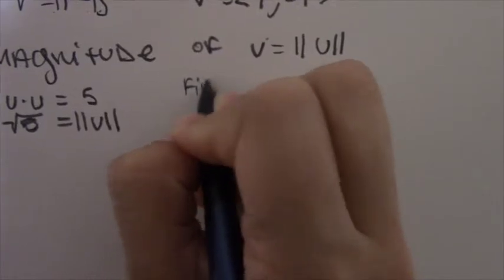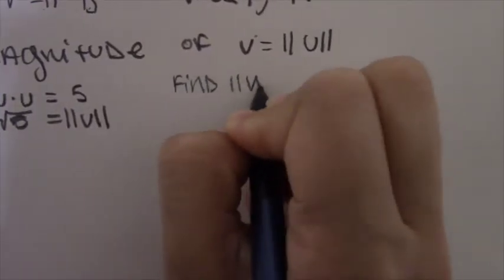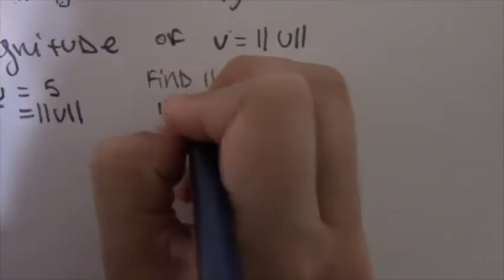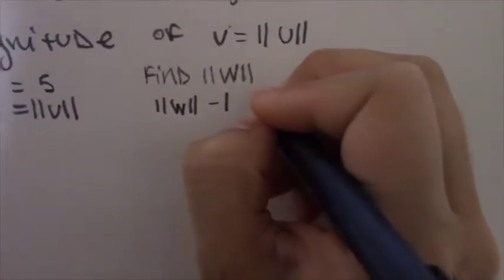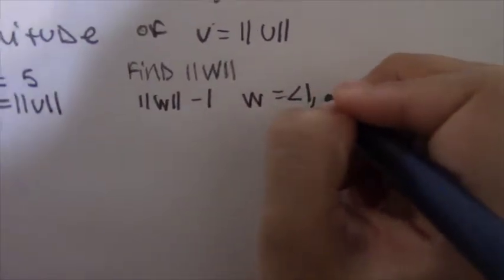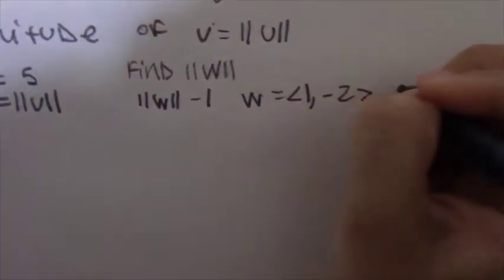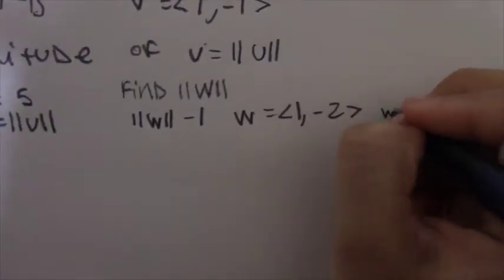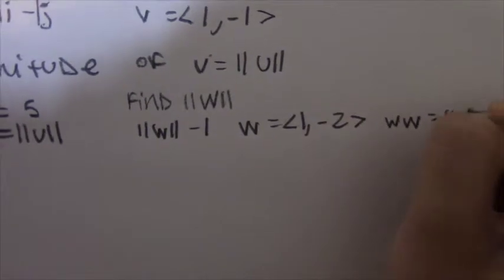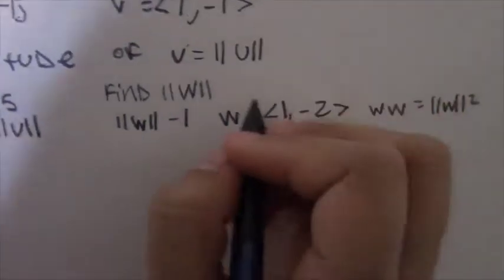To find double W, W is actually 1, negative 2, and W times W equals the double W squared.